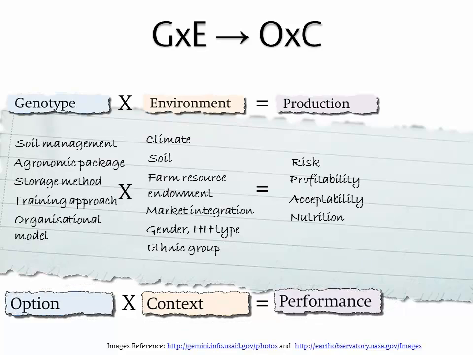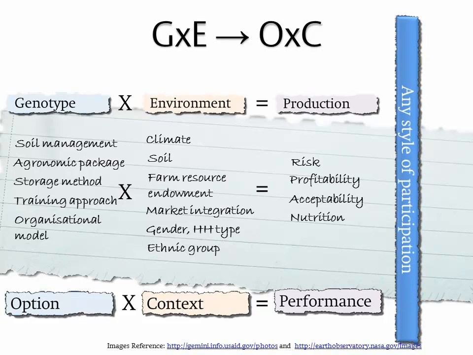And the ideas which we've described on the previous slide in relation to genotype by environment are equally relevant here. Research and development systems embrace many different styles of participation of farmers and participation of other players. This option by context interaction concept is relevant whatever style of participation you are using in your research.